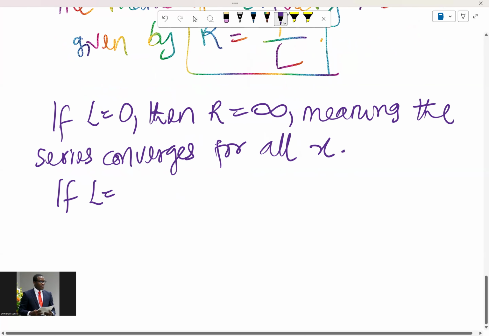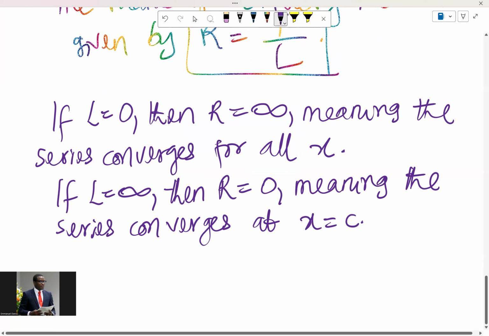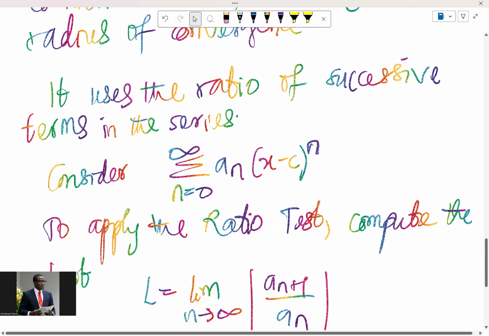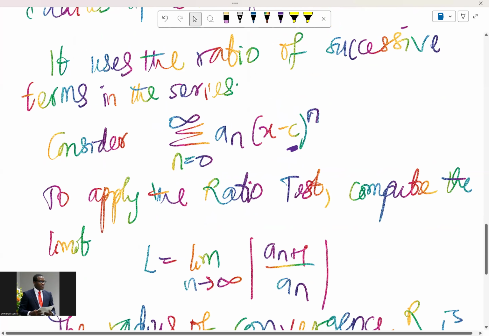Again, if L is equal to infinity, then you can say that R is equal to 0. The radius of convergence is equal to 0, meaning the series converges only at x equals c, the center of the power series.